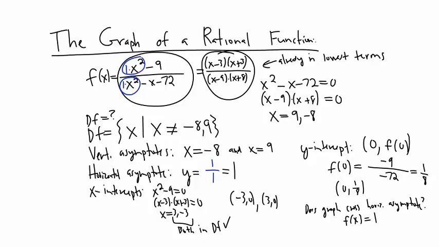We set f of x equal to 1 and solve for x. So we're looking at x squared minus 9 over x squared minus x minus 72 equals 1.